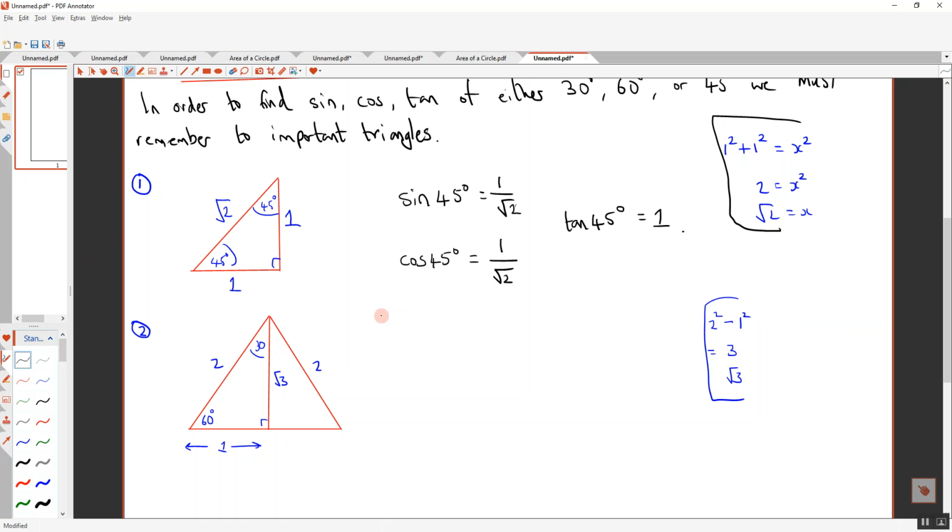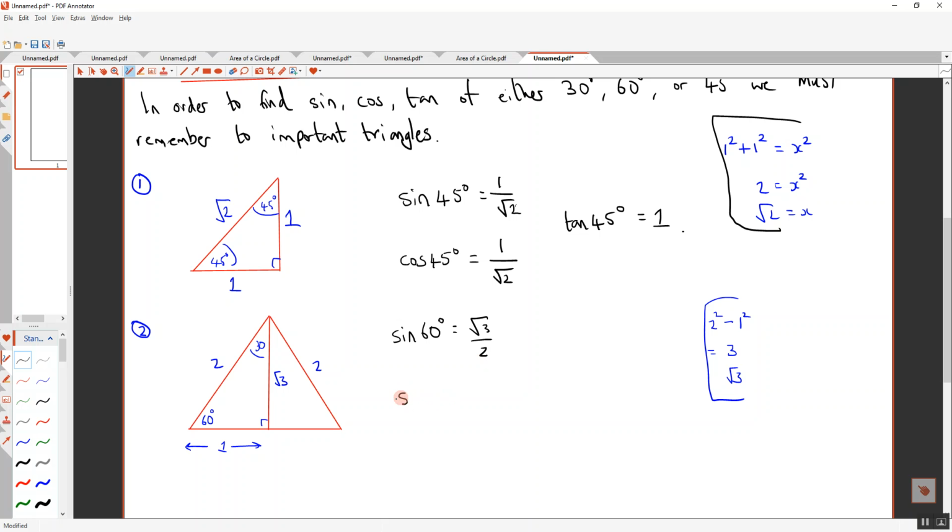Yep, Darius? You alright? Alright, so what's sine of 60 degrees? Hands up. What is sine of 60 degrees going to be? Hands up. Someone other than... Yes, Tyler? Yeah, opposite over hypotenuse, square root of 3 over 2.